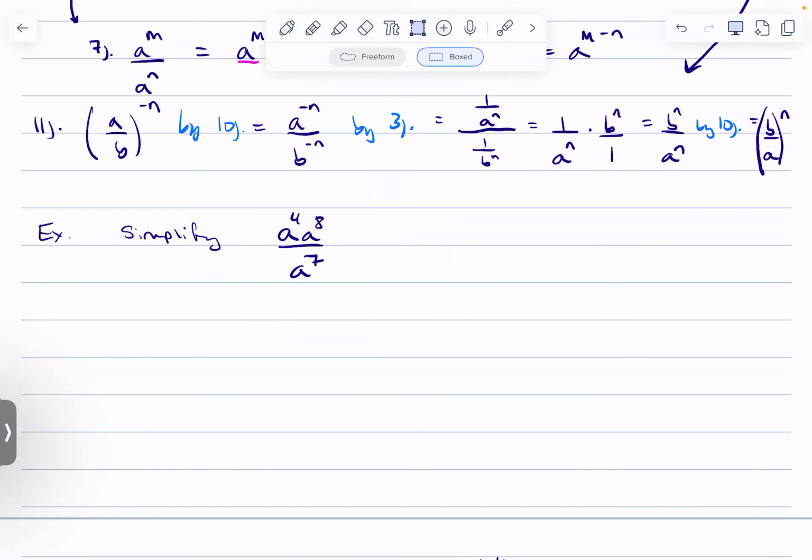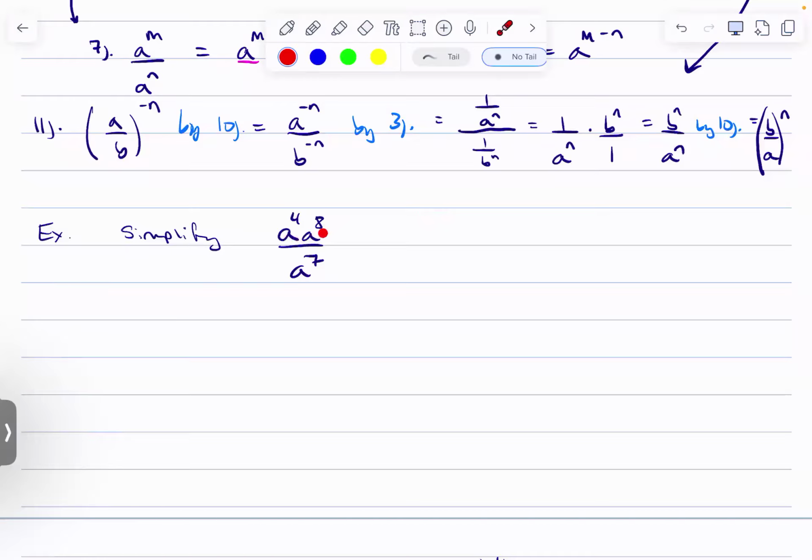There are a lot of different ways to approach it, and I encourage you to think about which move your brain wants to do first. One option is to float this a to the 7 upstairs and then simplify everything.